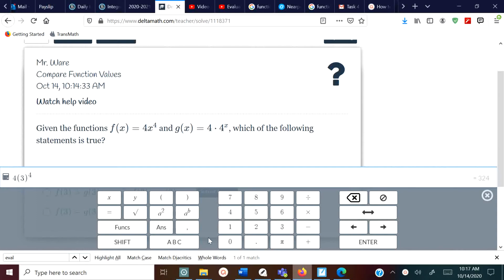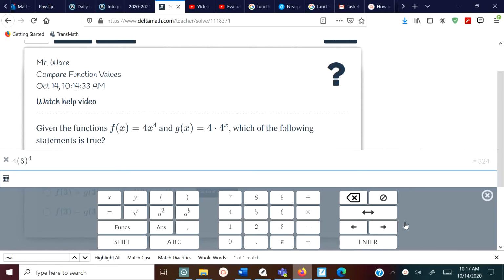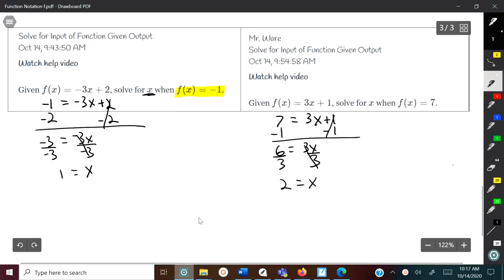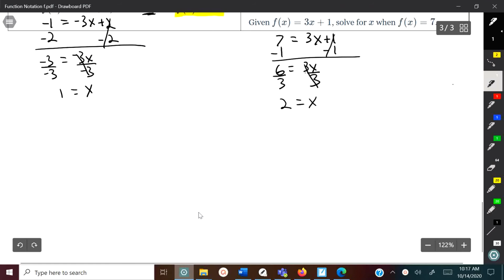Hit enter, and it gives me my answer, 324. I'm going to write that down somewhere, down here: 324, for f of x.